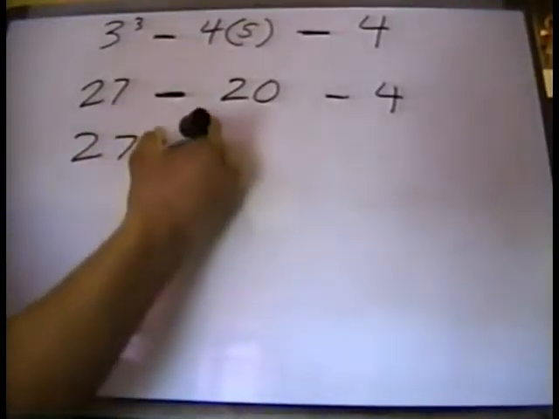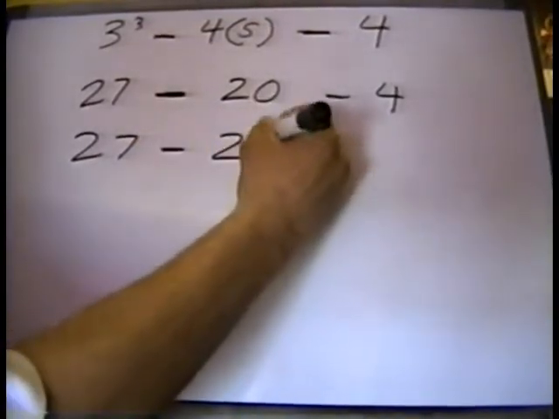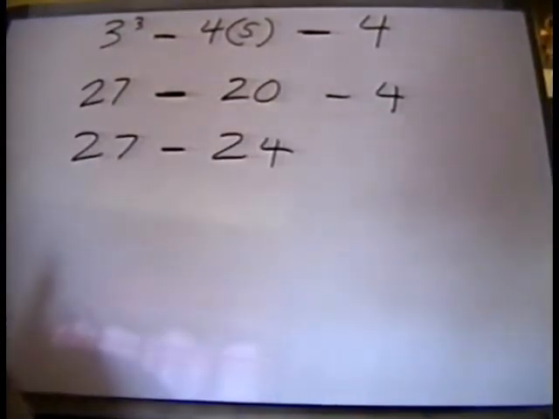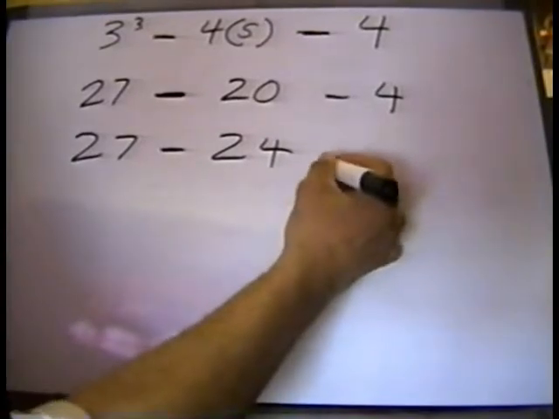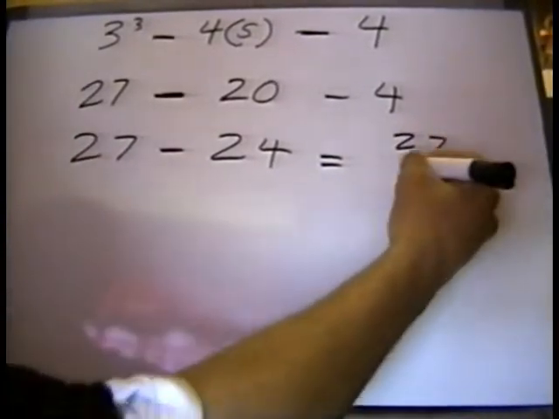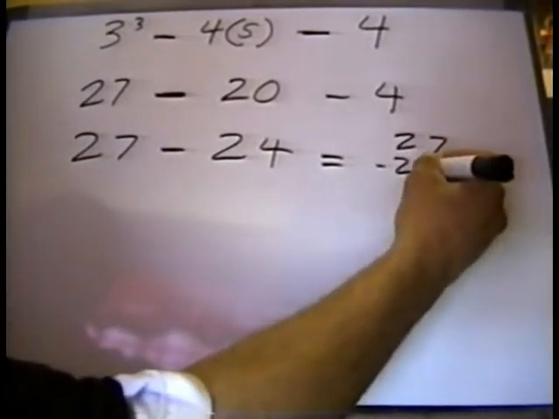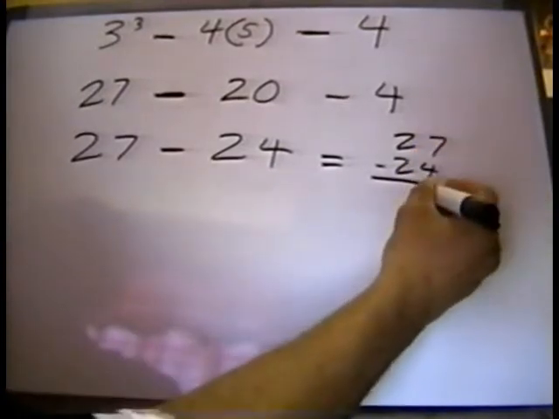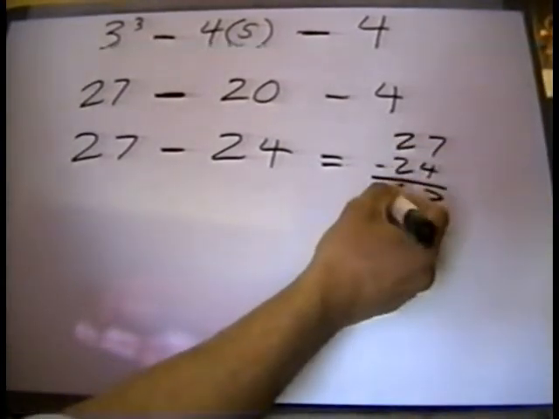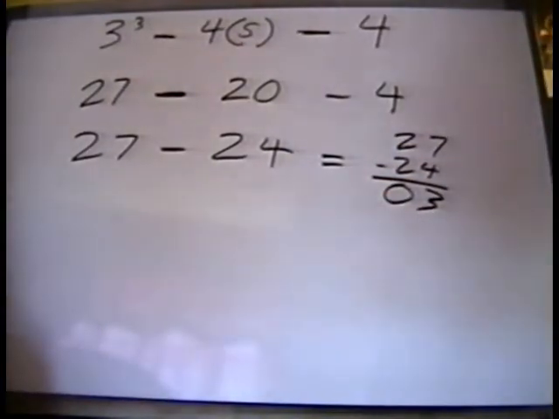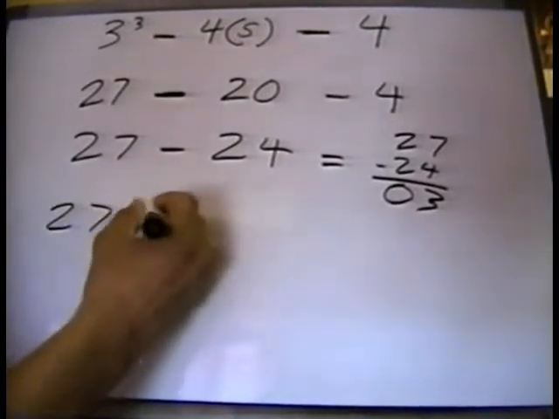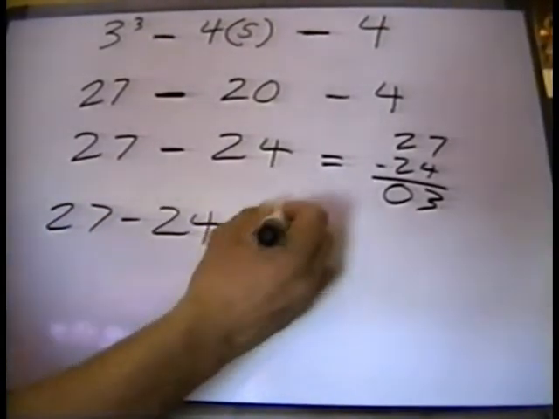You get 27 minus 24. 7 minus 4 is 3. 2 minus 2 is 0. So 27 minus 24 equals 3.